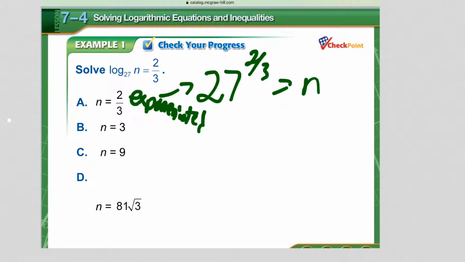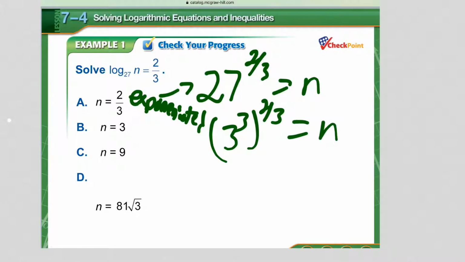So 27 is 3 cubed. Then we want to put the 2/3 power on it. And remember that exponent to exponent, you multiply. So this 3 here cancels out the 3 on the bottom. So it's 3 squared equals n. So that means n equals 9.